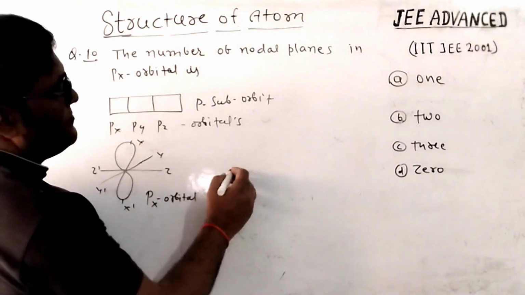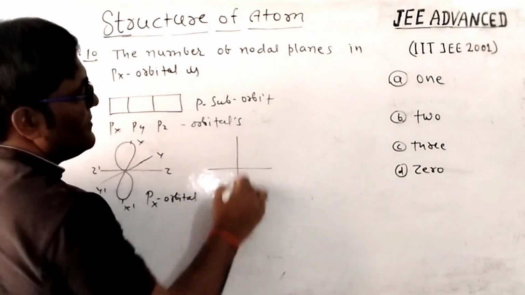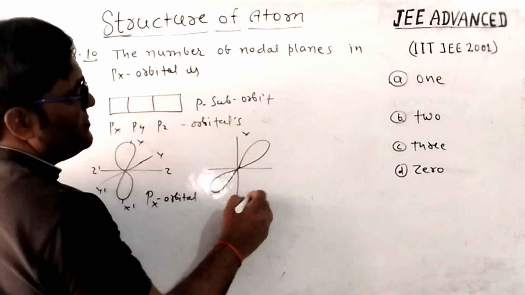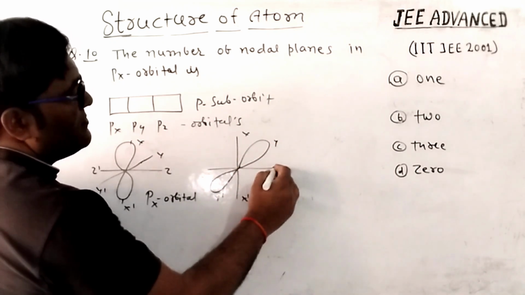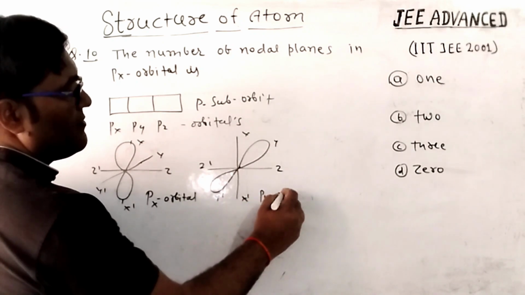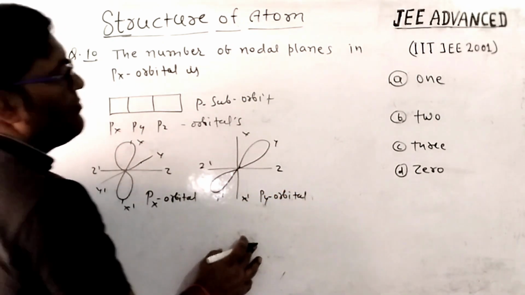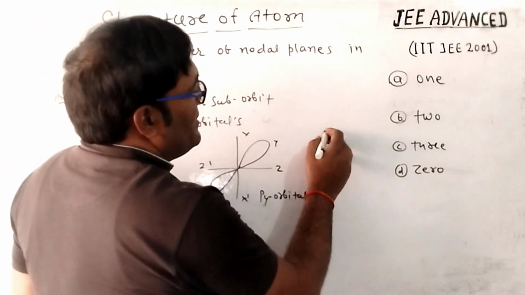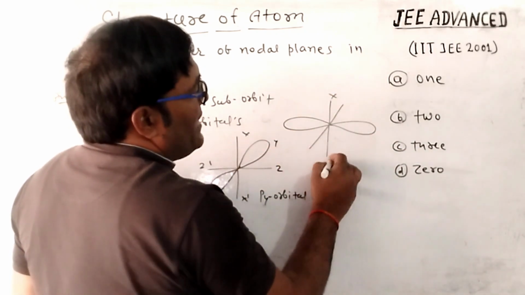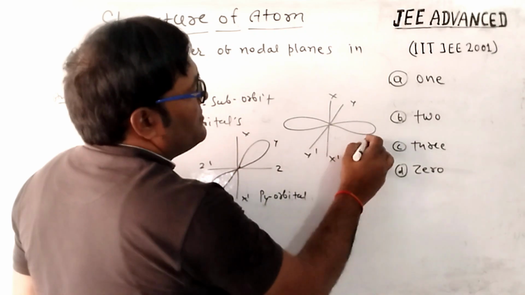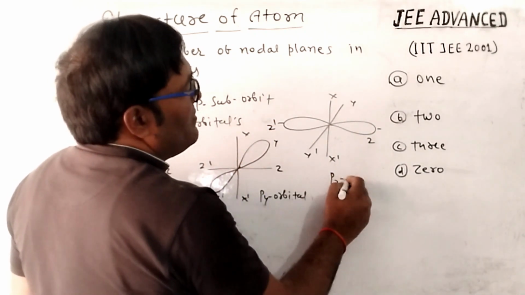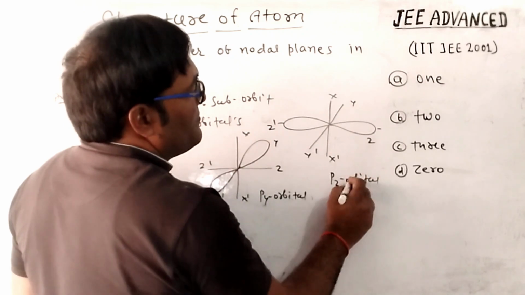Now py is x, x dash, y, y dash, z, z dash. So this is py orbital. And now in case of pz, x, x dash, y, y dash, z, z dash. So pz orbital is here.